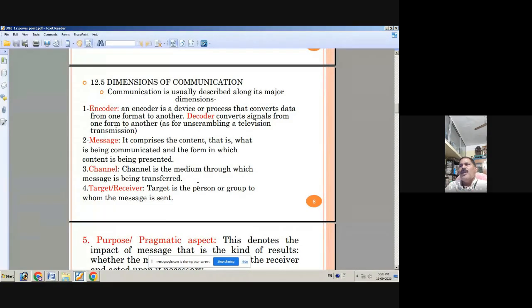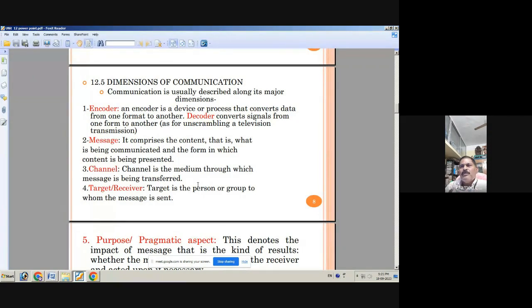The decoder is also there to convert the data in terms of signal, code word. So definitely there will be a transmission of the information, because the message is nothing but the content, and it can be communicated to others.